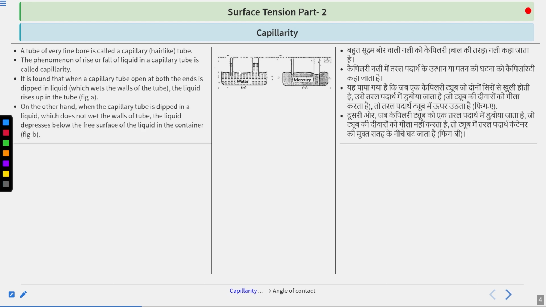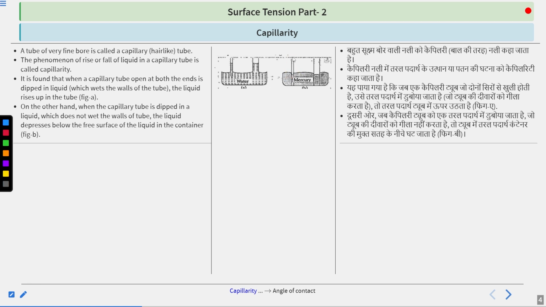In the second case, on the other hand, when the capillary tube is dipped in a liquid and the liquid does not wet the walls of the tube, the liquid depresses below the free surface of the liquid in the container. Like here in figure B, this is liquid mercury and this is the capillary tube.